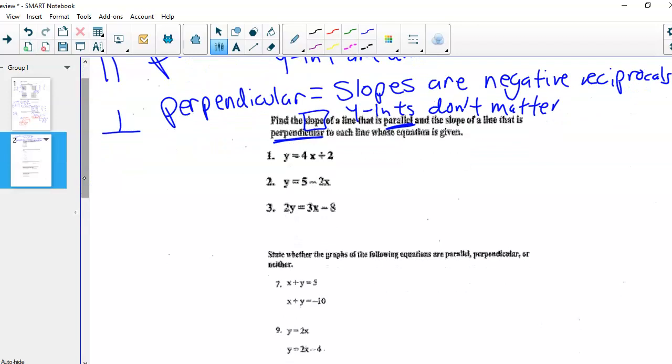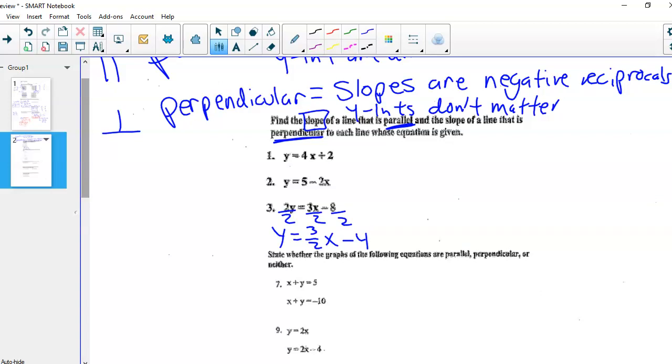So for this one, number 3 is almost in slope-intercept form, but we need to get it all the way. So how would we do that? We'd have to divide. So y equals 3/2 x minus 4.